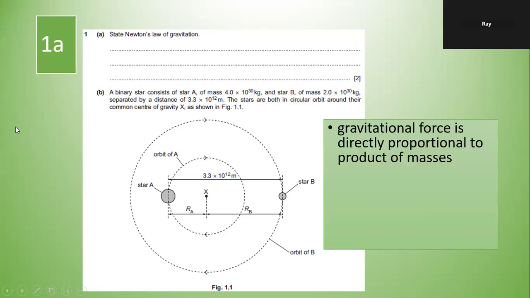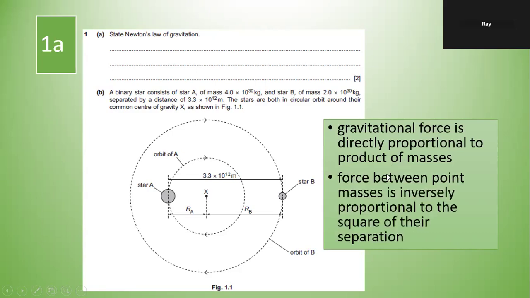Point mass must be there. Gravitational force is directly proportional to the product of masses. You got that right. Force between point masses is inversely proportional to the square of their separation.